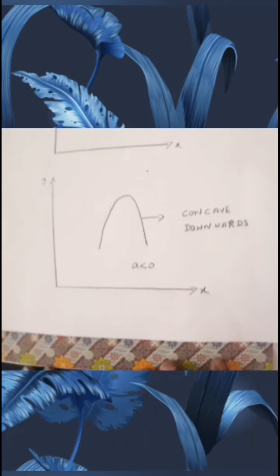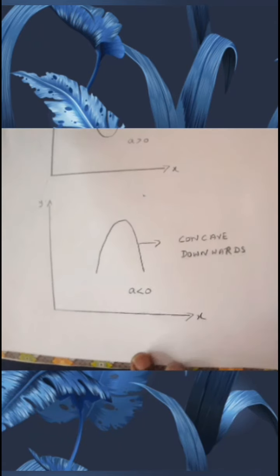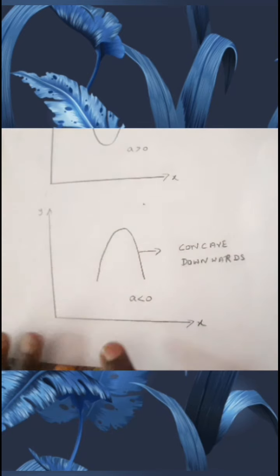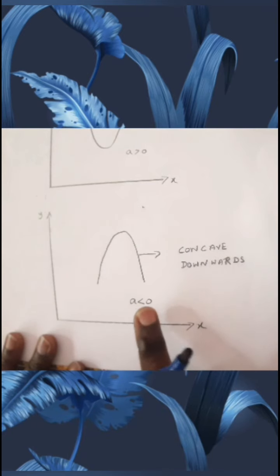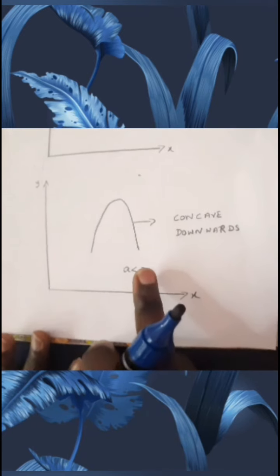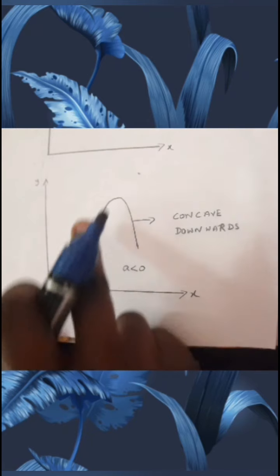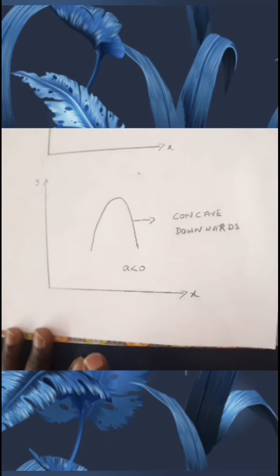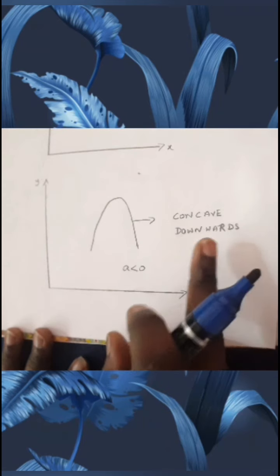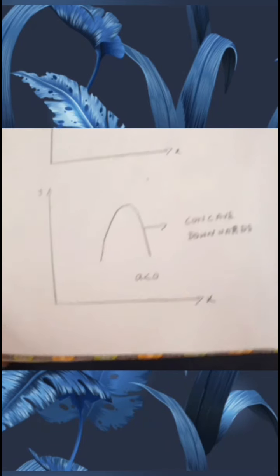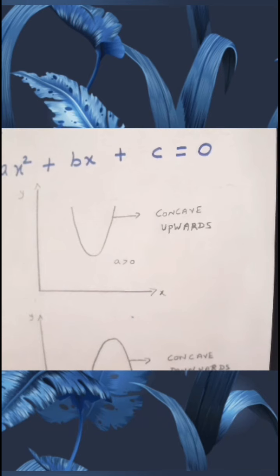Similarly, if the coefficient of x square, a, is less than 0, if you get a negative value, then you will get the graph like this. It's concave downwards.